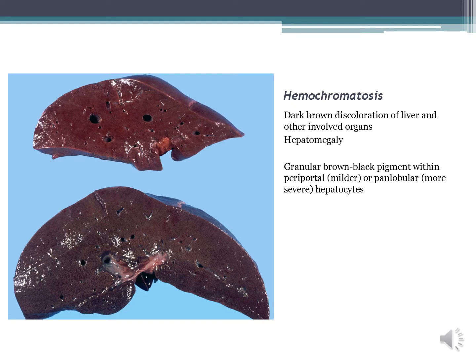Also, please pay attention to hepatomegaly. And under the microscope, we'll find the granular brown-black pigment within periportal hepatocytes in case of milder, or panlobular in case of severe pathology, panlobular hepatocyte accumulations.